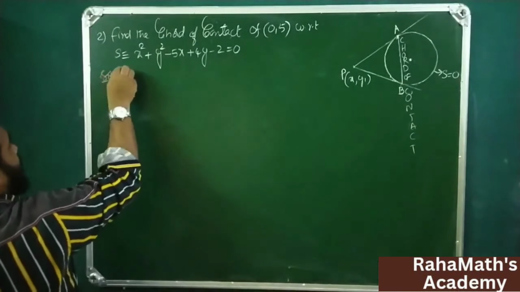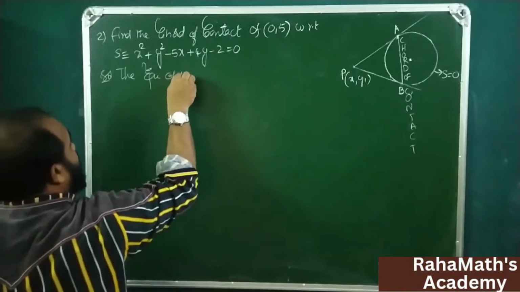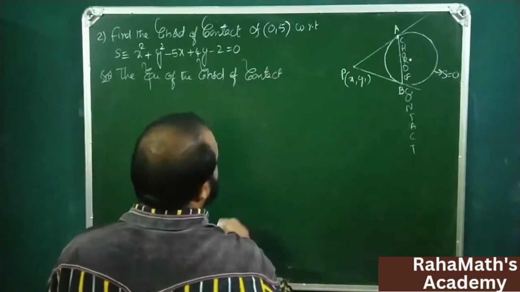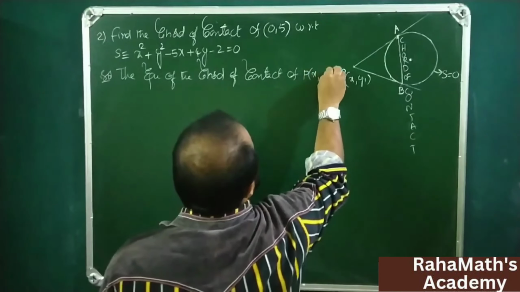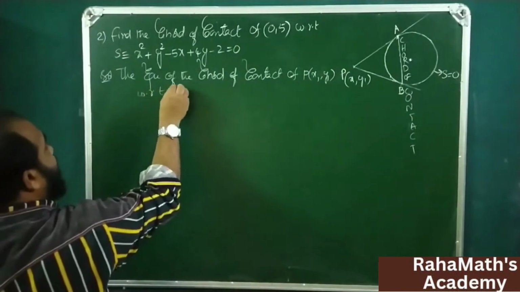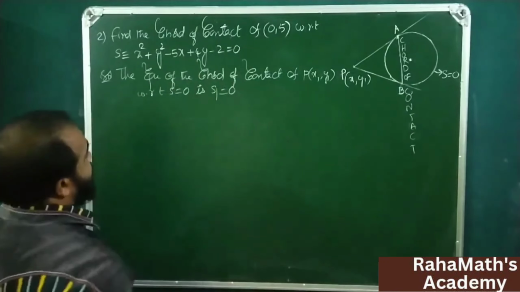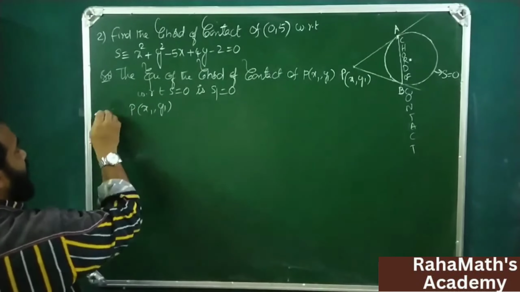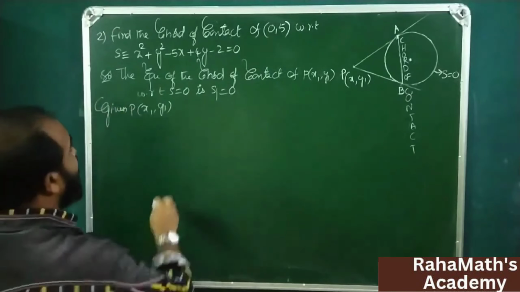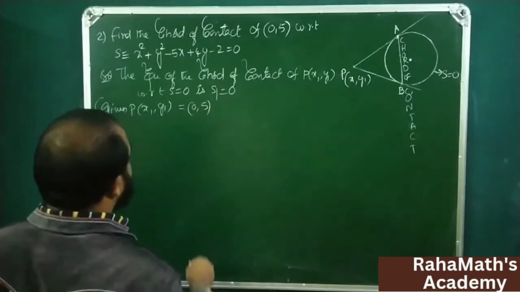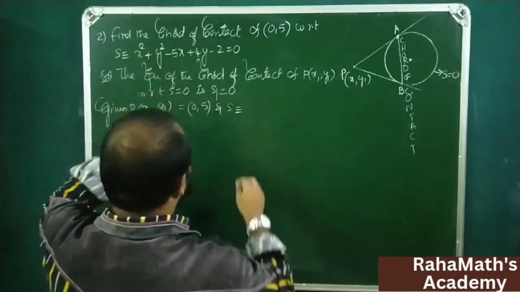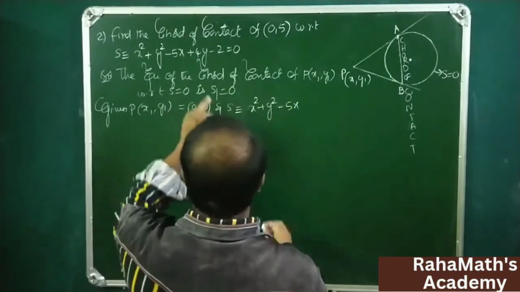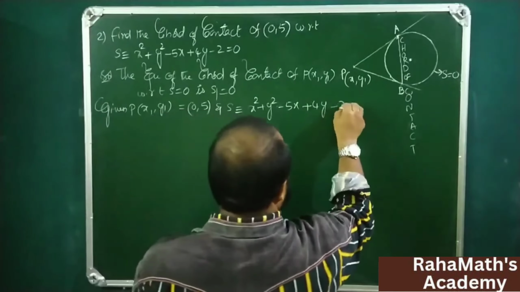So the equation of the chord of contact of P(x1, y1) with respect to circle S = 0 is S1 = 0. P(x1, y1) is given as (0, 5) and circle S is x square plus y square minus 5x plus 4y minus 2 equals to 0.